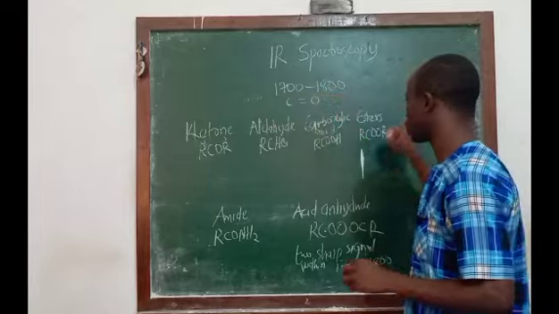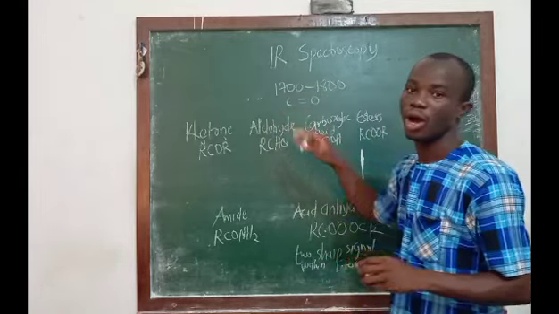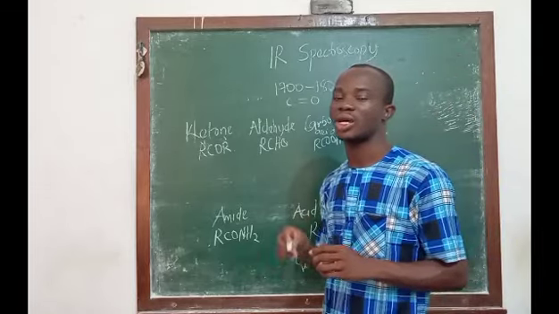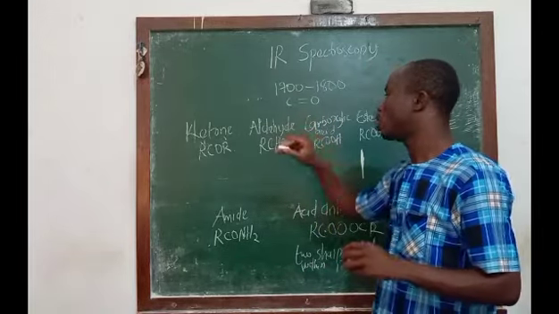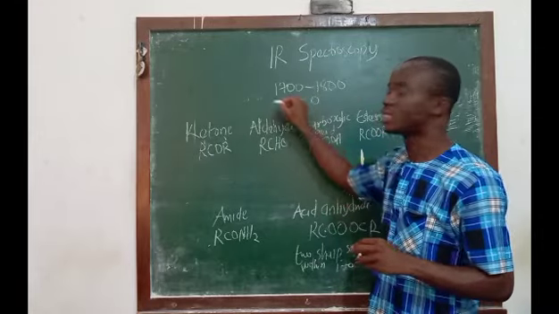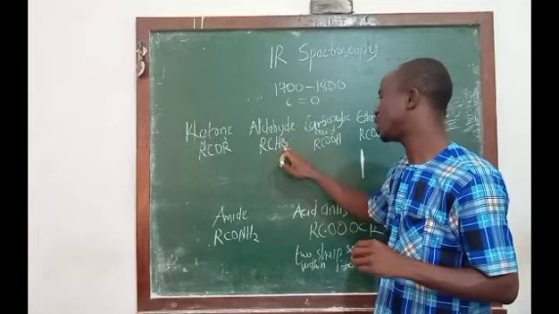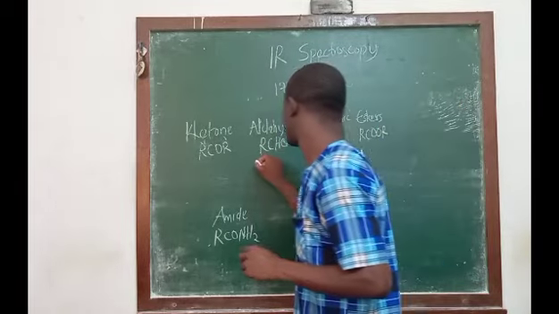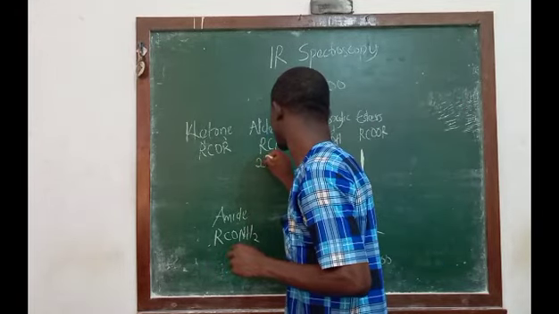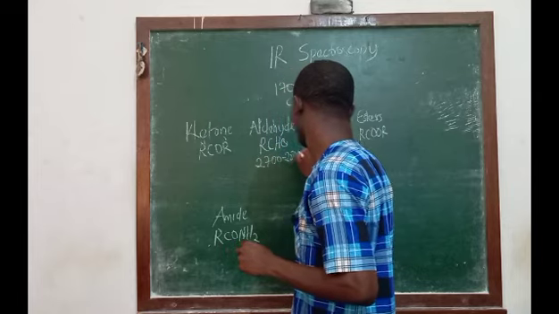Now, let's also talk about aldehyde. If an IR spectrum represents an aldehyde, one particular signal that is only seen in the IR spectrum of an aldehyde is a signal at around 2728.